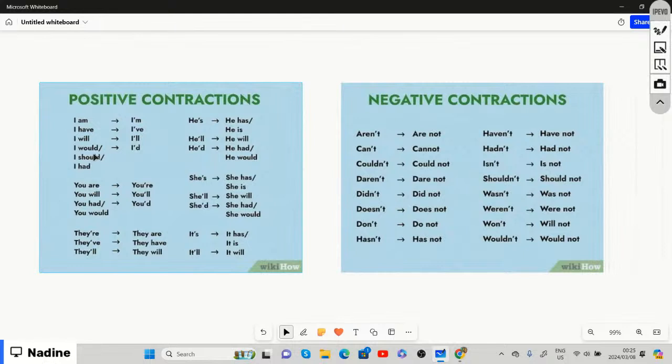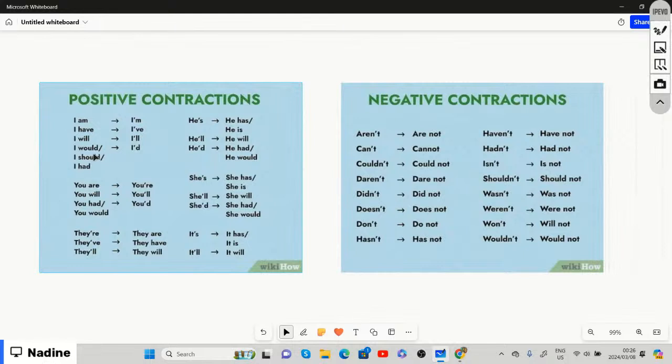And then we have negative contractions. And with negative contractions, we use the word not. All right.